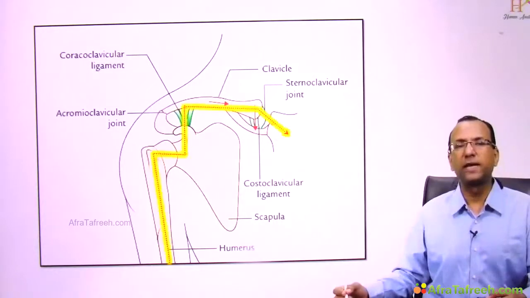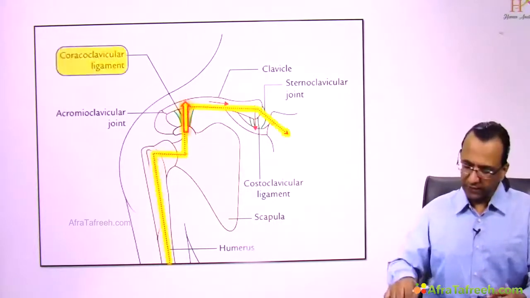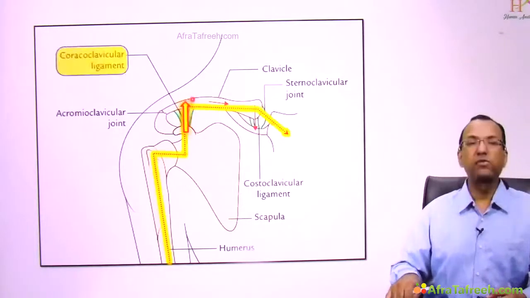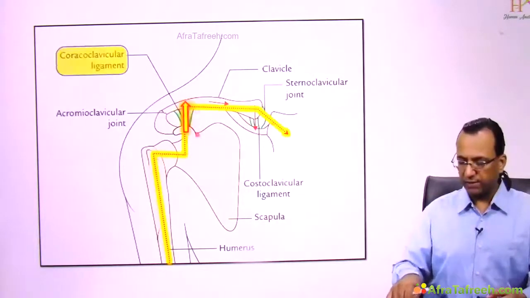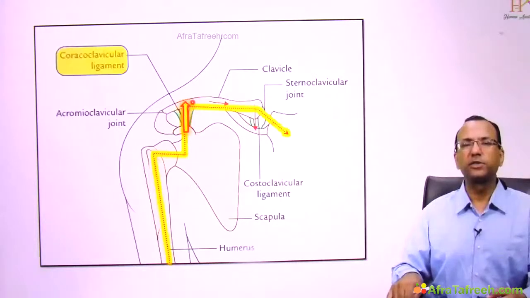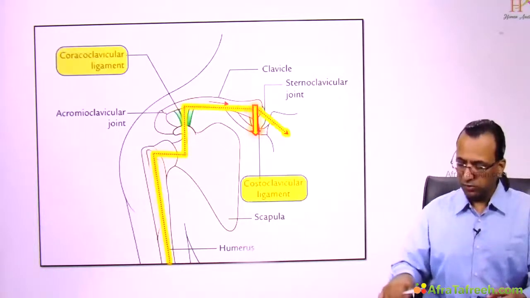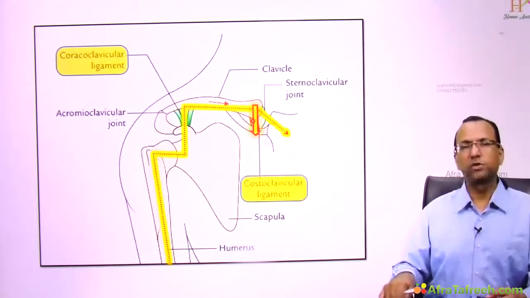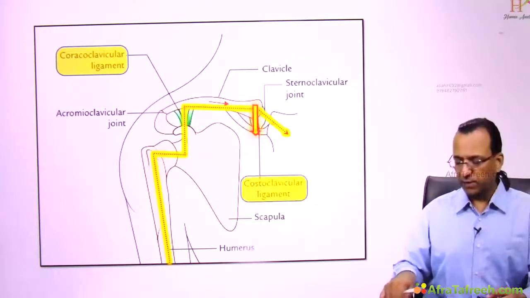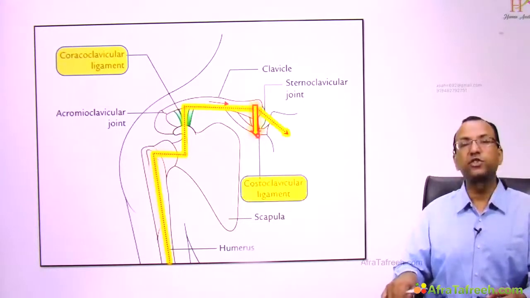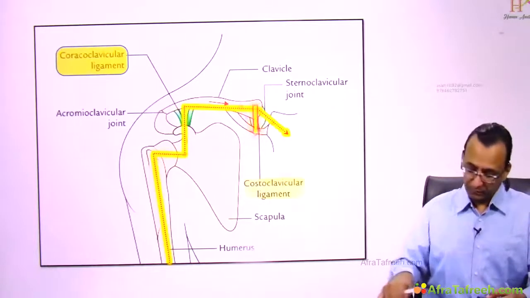Because there are joints and ligaments. So the very first ligament you have to remember in weight transmission is coracoclavicular ligament, and the other one which you have to remember is the costoclavicular ligament. What is costoclavicular ligament doing? It is transmitting weight of the clavicle to the first rib and the sternum.